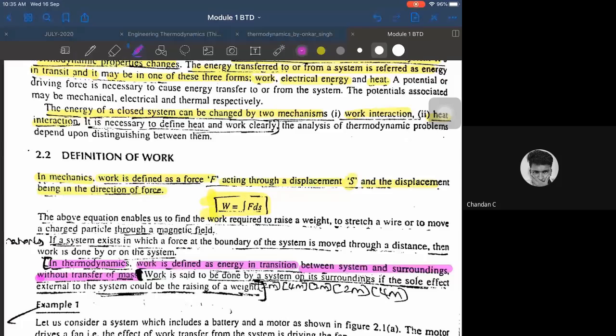Once you take this, take in another line: this is the actual definition of work in thermodynamics. So the work is said to be done by a system on its surroundings if the sole effect external to the system could be the raising of a weight.